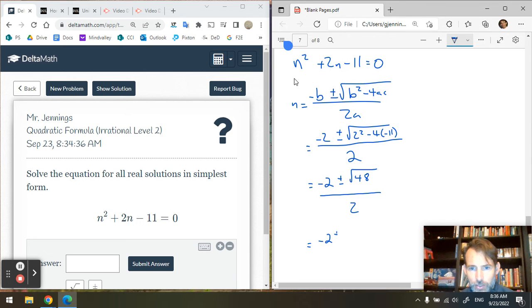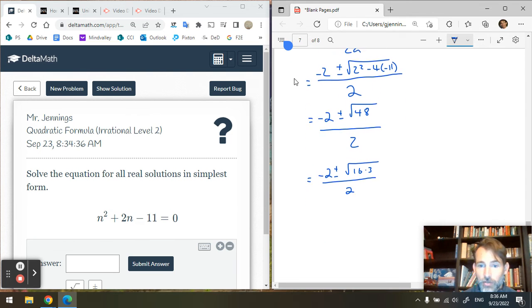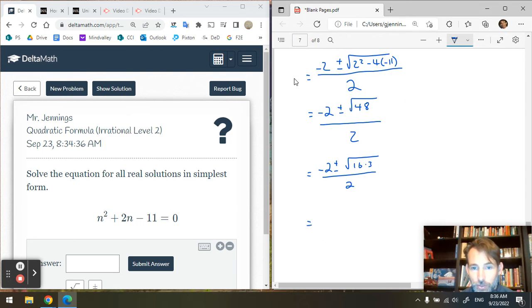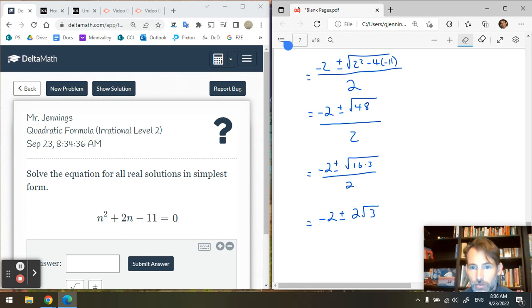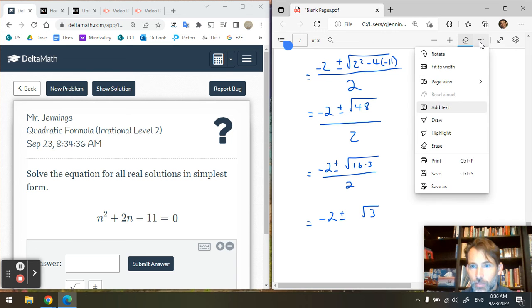And now let's keep going. Negative 2 plus or minus the square root of 16 times 3 all over 2. Okay, 16 is a perfect square. It pops out in front. So this is going to be equal to negative 2 plus or minus 4 root 3. Oh, geez, I did it again. Writing down the final answer and skipping steps. You know what I mean?